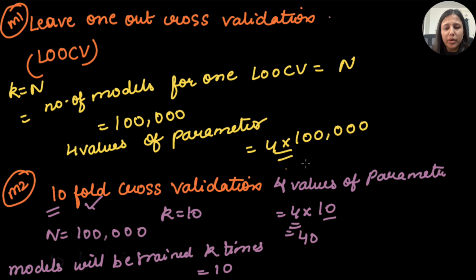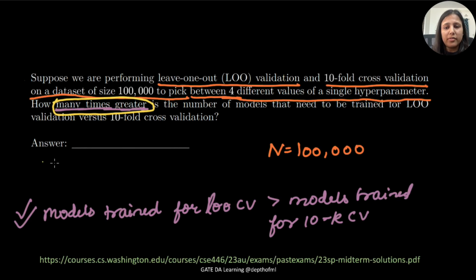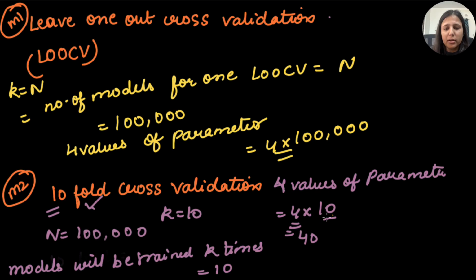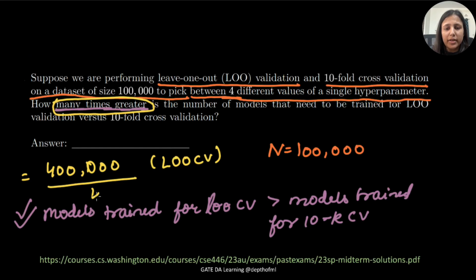We have 400,000 models that we are training for leave one out cross validation, and we have 40 models that we are training for 10 cross validation, 10-fold CV.